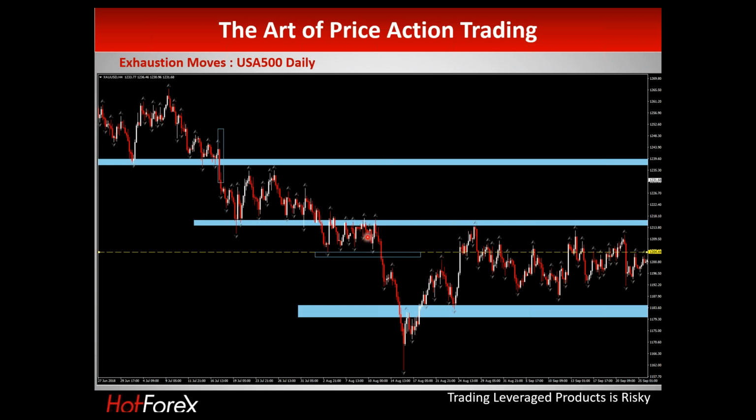Measure the distance and set your targets according to multiples of this distance: one times the same distance, or 1.5 times that distance, or twice the distance, and you will set your targets accordingly.